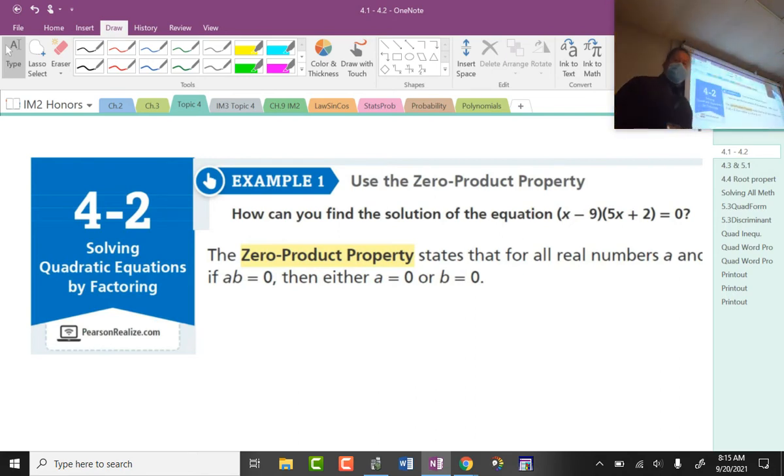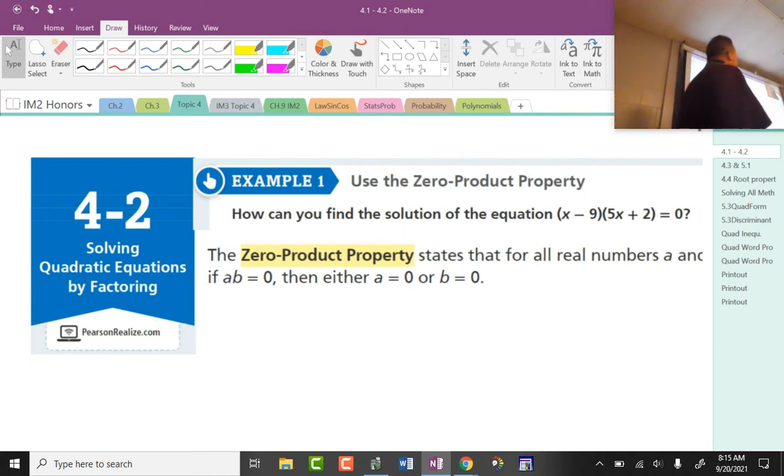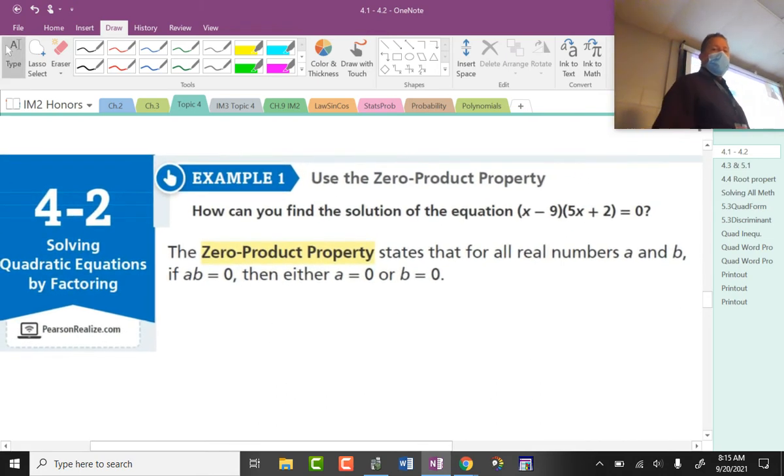But you do want to write this down. Zero product property is huge. And it is listed with that little box there. And it does pertain to this very first example that I'm going to finish out right below this. But it's absolutely true. So focusing on the zero product property, if I have A times B equals 0, then either A has to be 0 or B has to be 0.